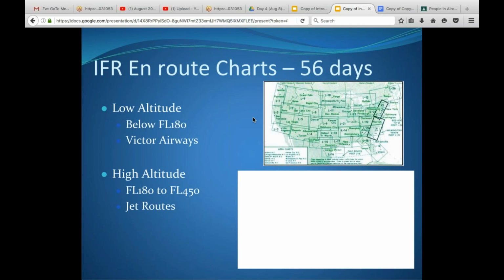And it's those freeways that we were talking about. There's nothing really restrictive other than everything's restrictive. I don't know how to word it, but the primary route that we're going to use when we're using our high altitude charts are those jet routes.